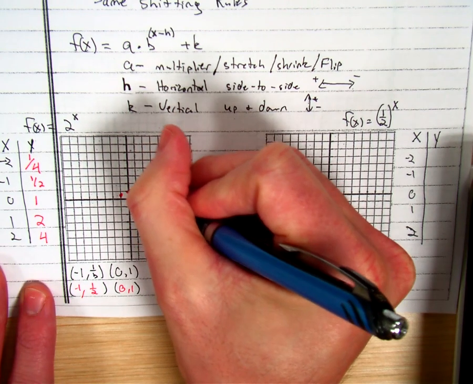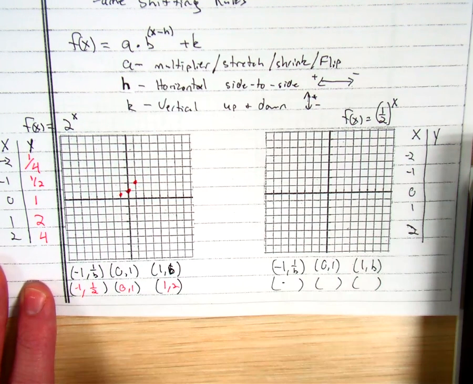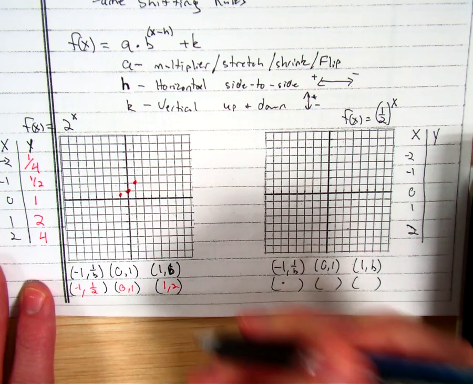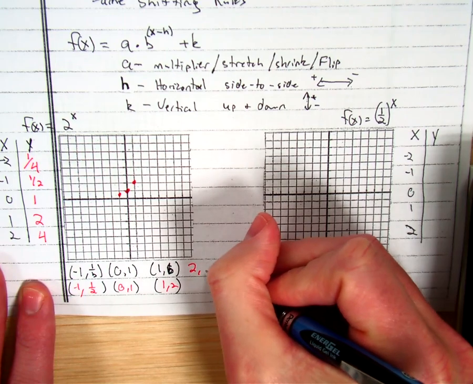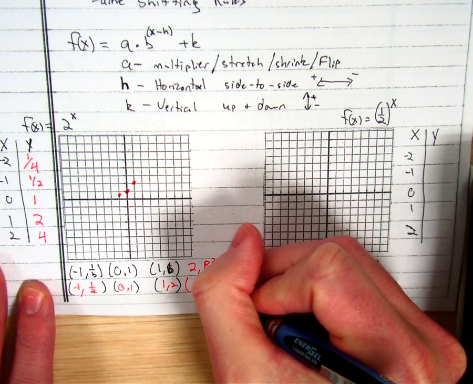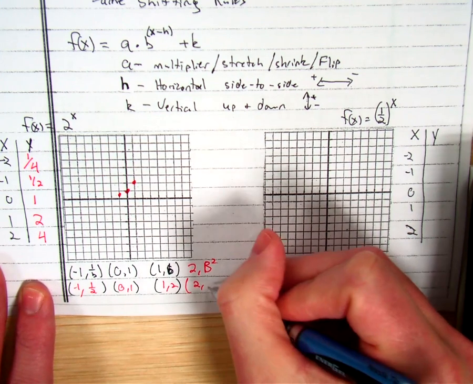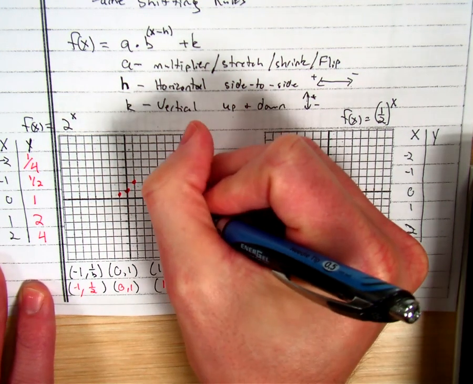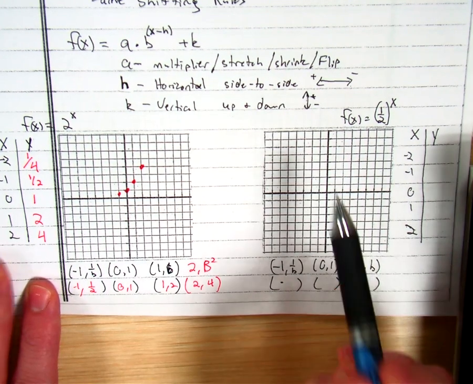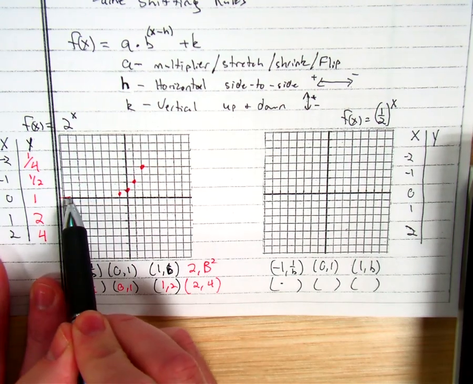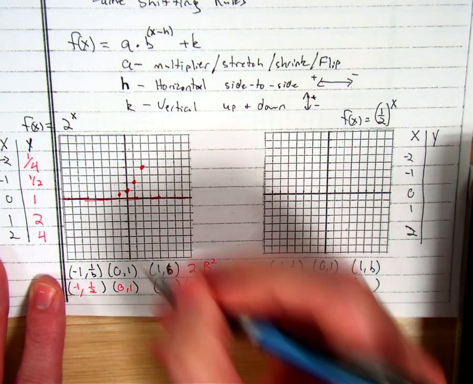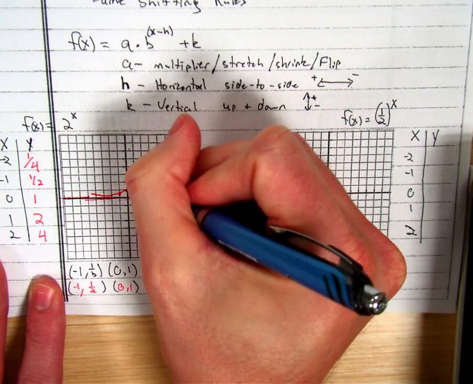A lot of these are going to be pretty close together, so if you want to add another one, 2 comma b squared, we'd have 2 comma 2 squared is 4. Then we can really see the shape happening. Remember that we don't cross the axis, so we're going to have a horizontal asymptote there. We're flat and then going up and to the right.